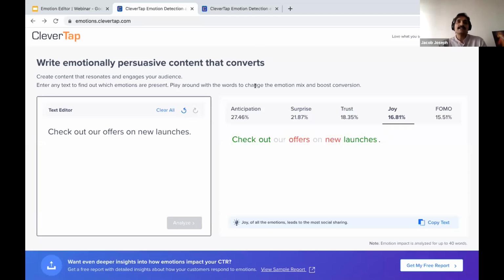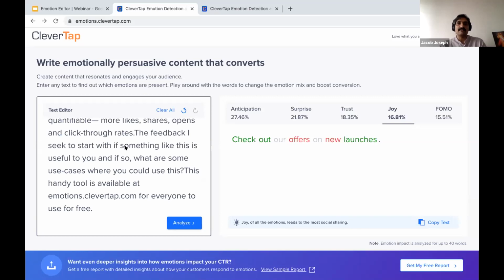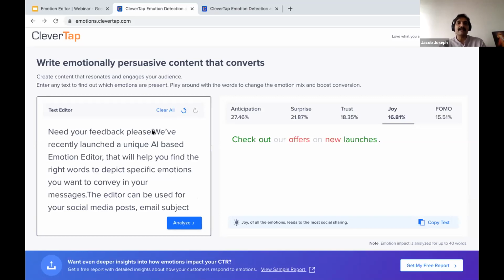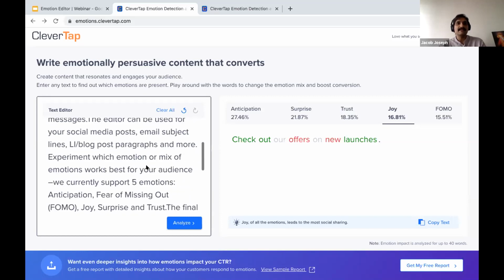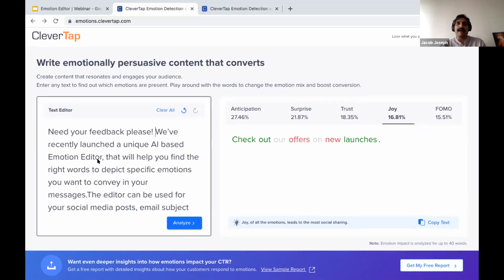Now this doesn't only work for short form messages, but also long form messages. For example, email or posts, a LinkedIn post, or some other long form. For example, recently my CEO Sunil had posted a LinkedIn post about the emotion editor, asking for feedback.